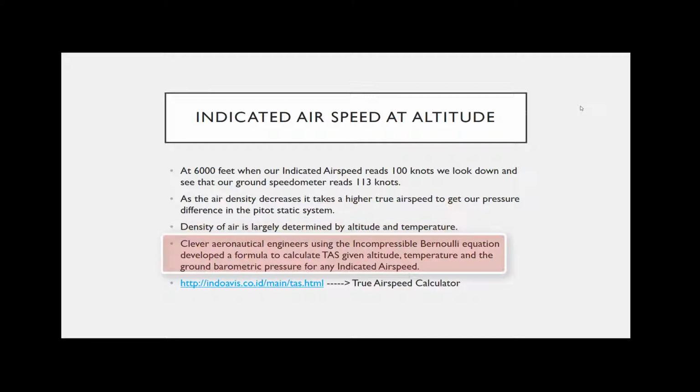So the clever aeronautical engineers, using the incompressible Bernoulli equation, devised a way to calculate true airspeed at any given air density. To work out air density, you need to input altitude and temperature. You then input the indicated airspeed, and true airspeed is calculated.